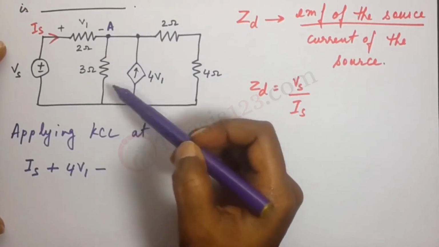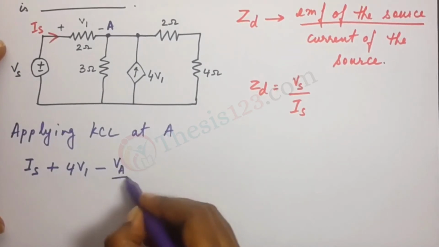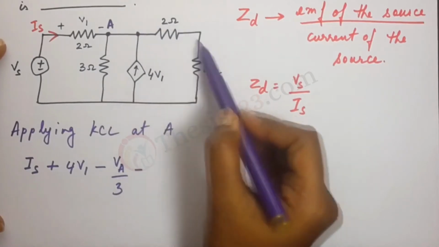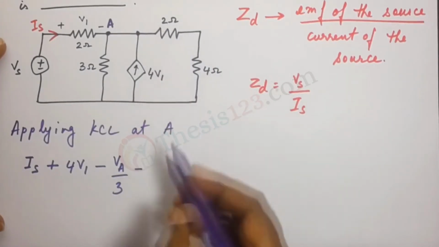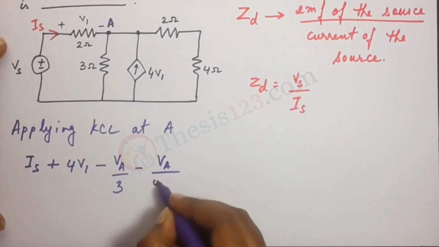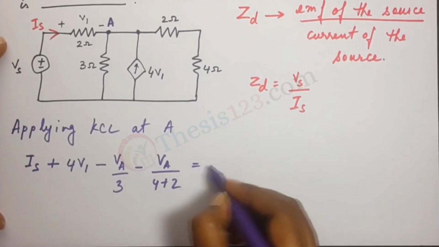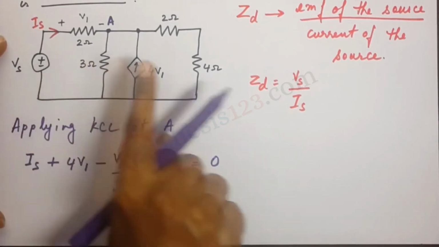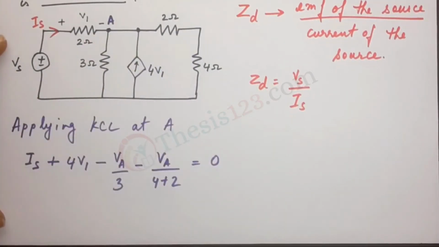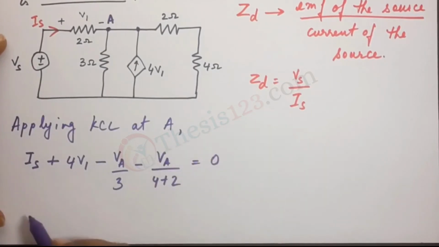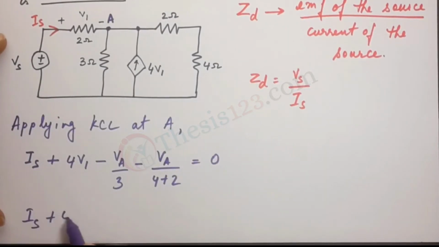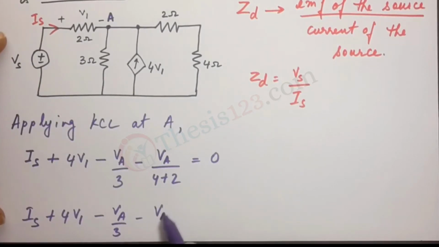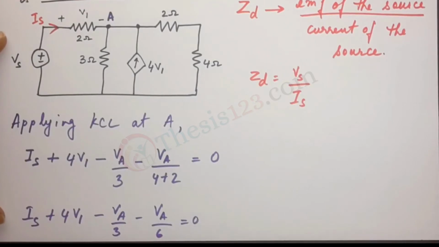So it is VA by 3 minus VA by the sum of the resistances in this branch, so that's 4 plus 2, VA by 4 plus 2, is equal to 0. Now this is our current equation for the entire circuit at node A. So we now have Is plus 4V1 minus VA by 3 minus VA by 6 is equal to 0.